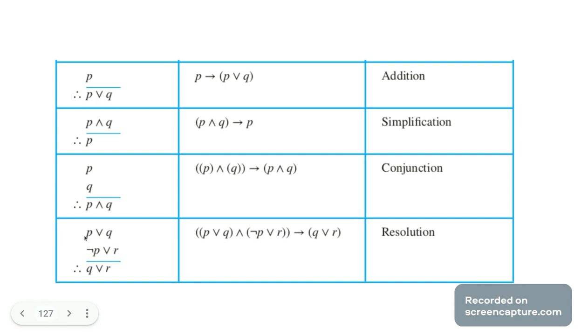But P cannot be true and not P cannot be true at the same time; true and false cannot be the same value. So if all these should be true, that means P or Q should be true and not P or R should be true, so Q or R should be true. This is called resolution. This is important, and we'll be looking at it separately.